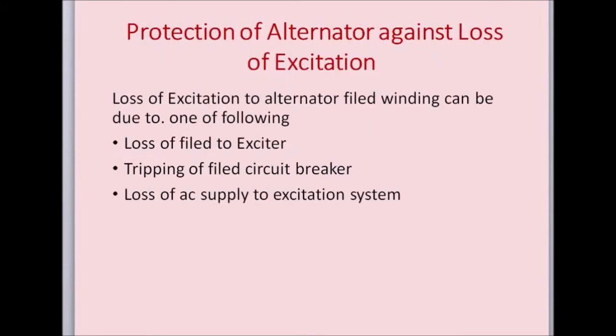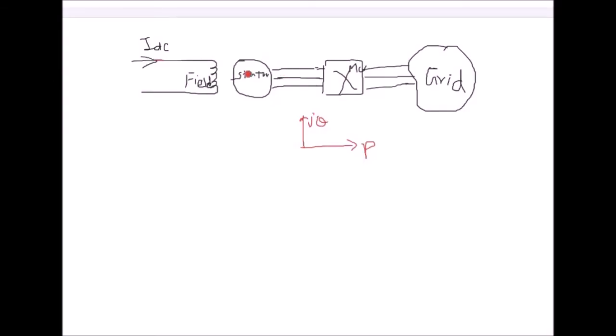See, under normal condition, the stator of an alternator feeds active power as well as reactive power into the grid through this transformer. But when the excitation current, that is the DC field current, equals 0, that is, when the field winding loses its excitation, the current is 0, but still there is mechanical power given to the rotor.